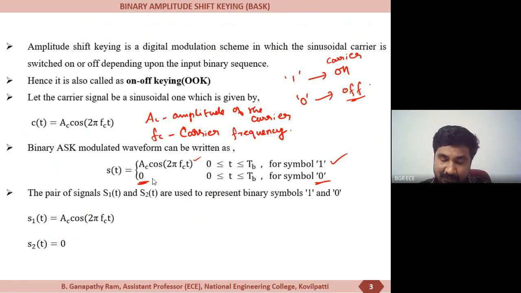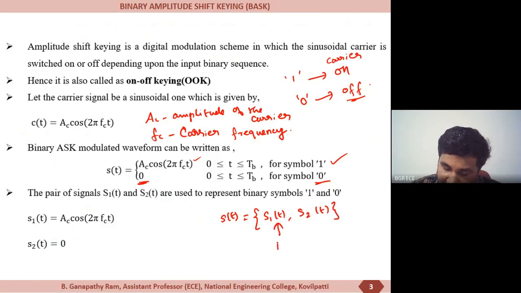Hence, we have two different symbols here, which are represented by s1(t) and s2(t). So the symbol set can be represented as s1(t) and s2(t). For binary 1, s1(t) is transmitted. For the binary information 0, s2(t) is transmitted, where s1(t) is Ac cos 2 pi fc t and s2(t) is 0.